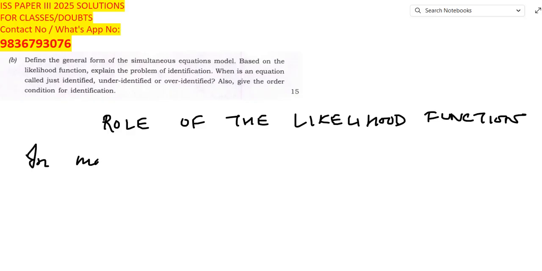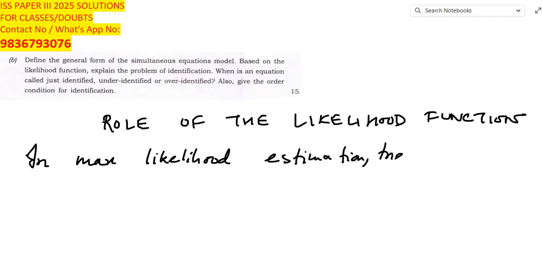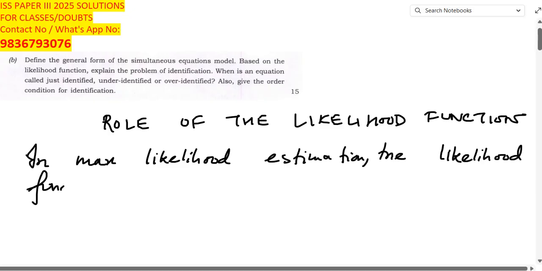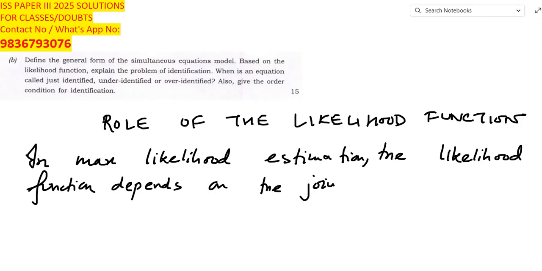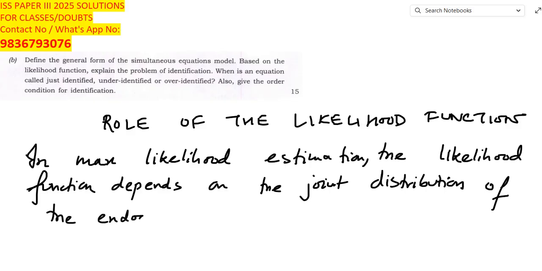So in maximum likelihood estimation, the likelihood function depends on the joint distribution of the endogenous variables.